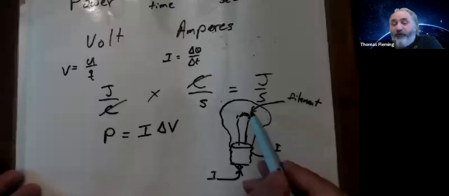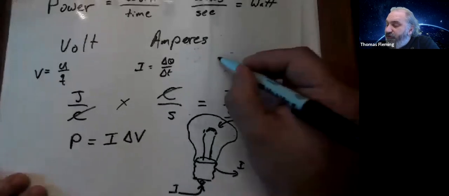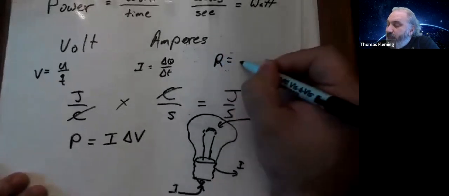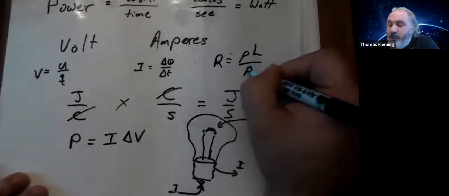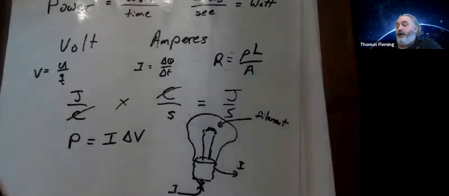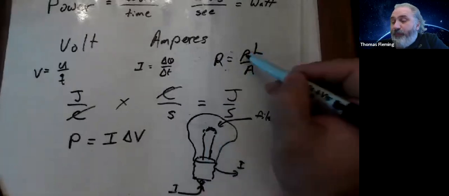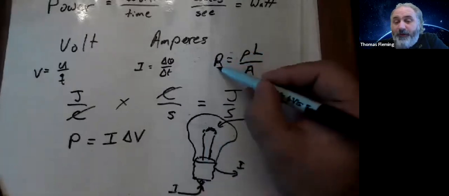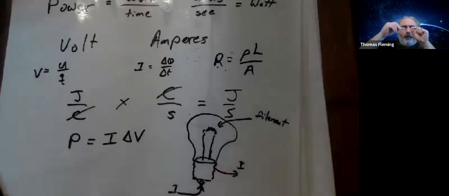And remember, the resistance of a wire depends on a couple of things. The resistance depends on the resistivity, the length of the wire divided by the area of the wire. And notice we're making the filament out of a material where rho is big. That's going to tend to make R pretty big. We're also making it out of a material that's super loopy and curly, right?